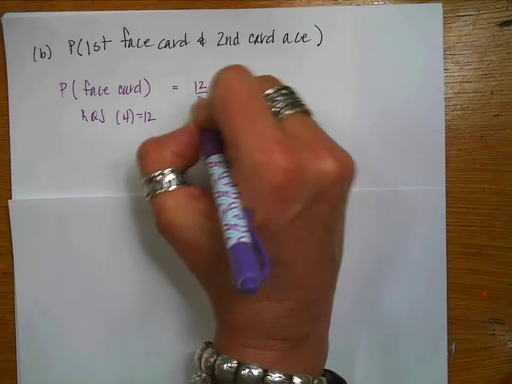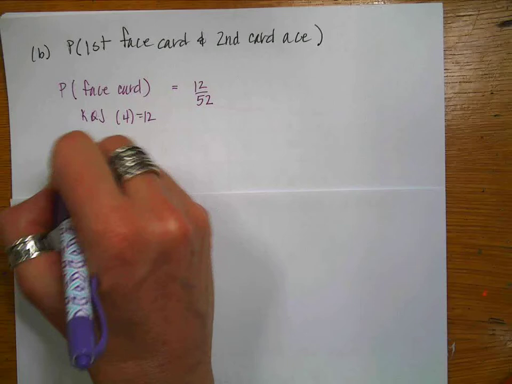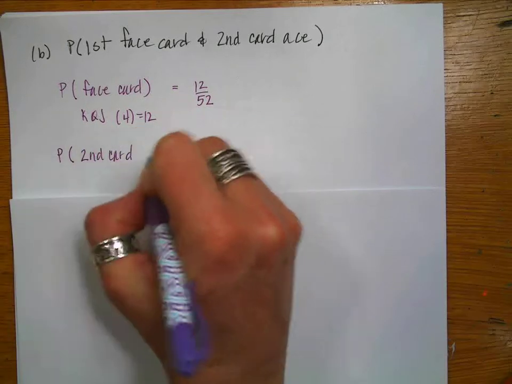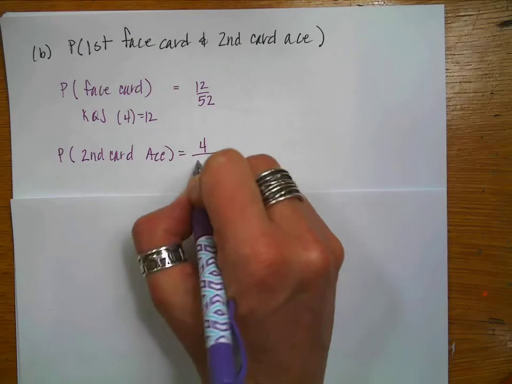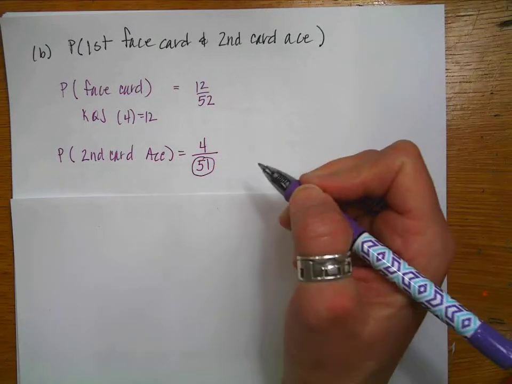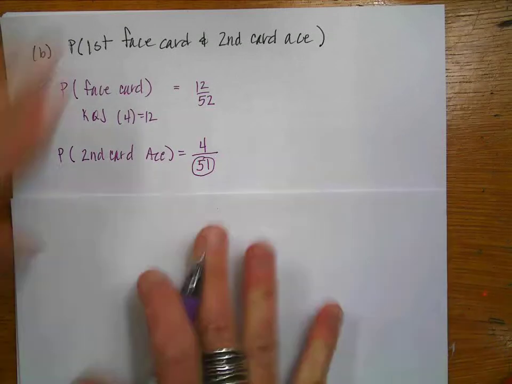So that's going to be 12 out of 52, okay? Then the probability that the second card is an ace, there are 4 aces, and remember now the denominator is going to be 51 because we did not replace that second card.